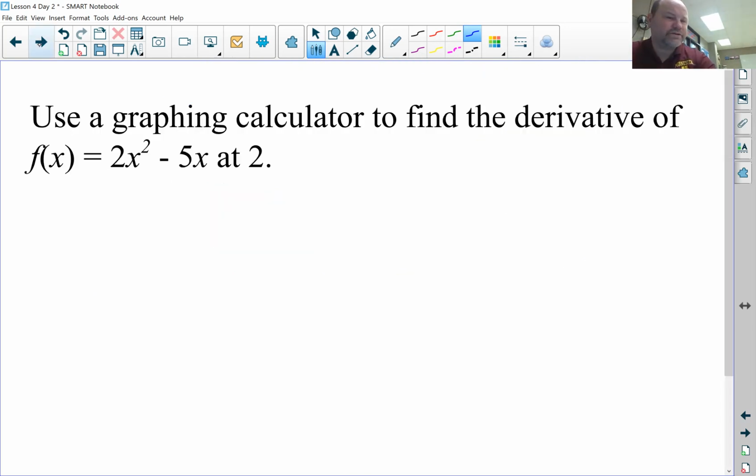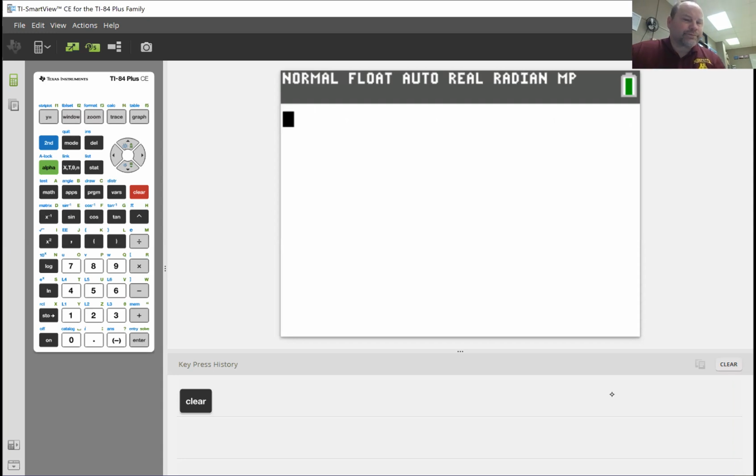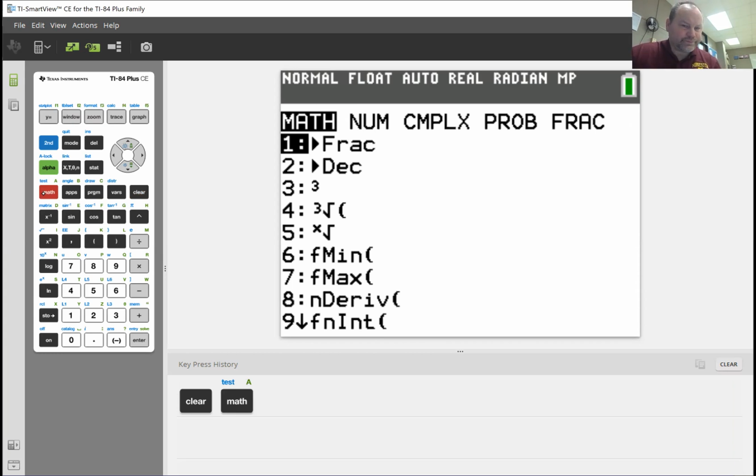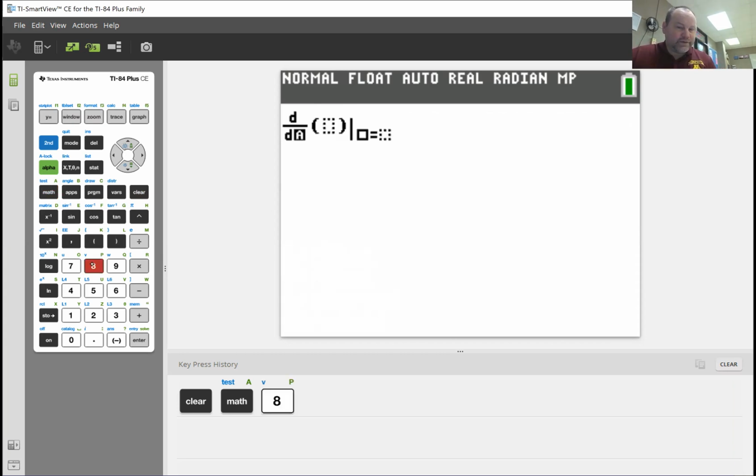Most graphing calculators have a way to find a derivative. It's very nice. I'm going to show you two ways if you have a Texas Instruments calculator. I'm going to find the derivative of 2x squared minus 5x at the value 2 using the graphing calculator. One way is in the math menu. It's option 8, derive.